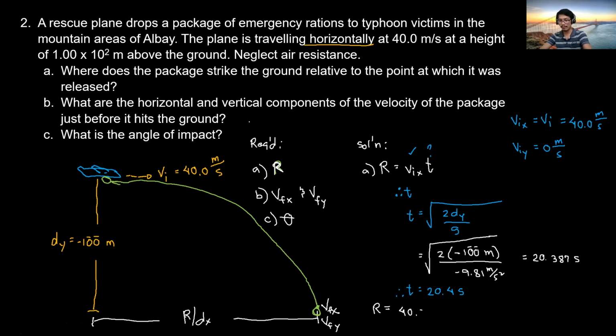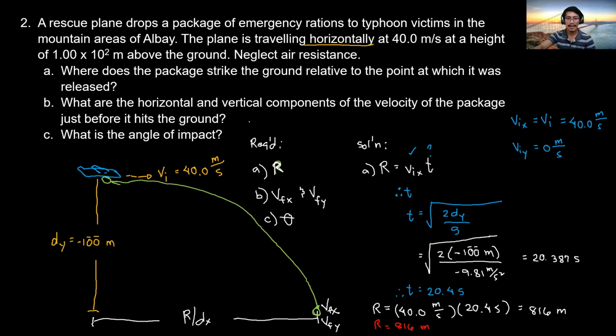That is 40.0 meters per second times the time, which is 20.4 seconds, and that will give us 816 meters. 3 significant figures. Yes, that is already 3. So our final answer R is equal to 816 meters. So that is our final answer for the range.